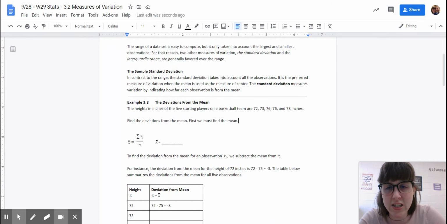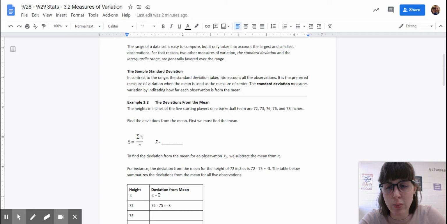Okay, now the range of a data set is easy to compute, but it only takes into account the largest and smallest observations. For that reason, two other measures of variation, the standard deviation and the interquartile range, are generally favored over the range. So today we're talking about standard deviation, and next time we'll talk about interquartile range.